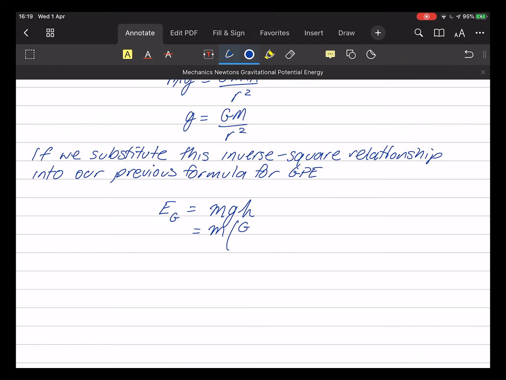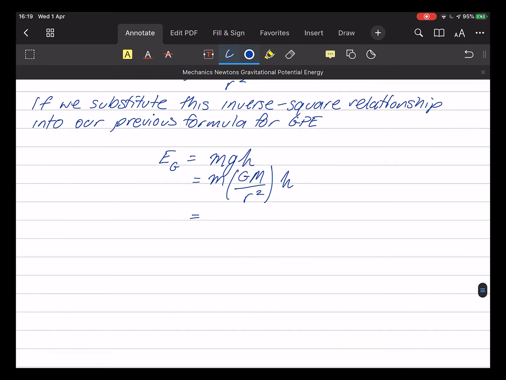Big G for the gravitational constant, m on r squared, h, and that cancels with that. Can I tidy it up a little bit if I put the big G at the front? Big M, little m on R. And we say we're letting R equal h. That is, we're taking it from the center.